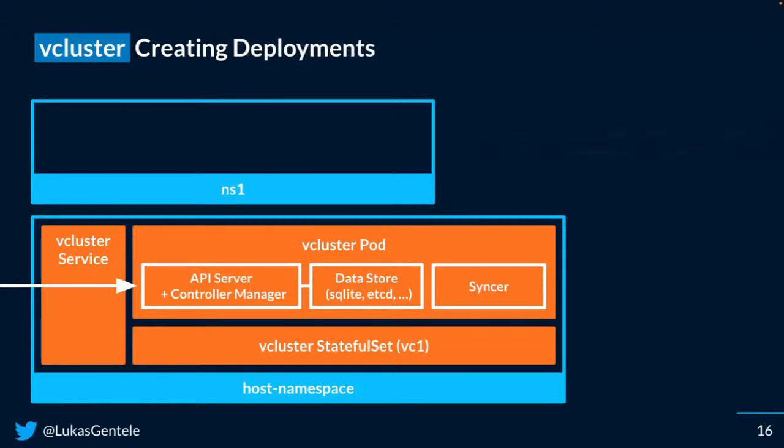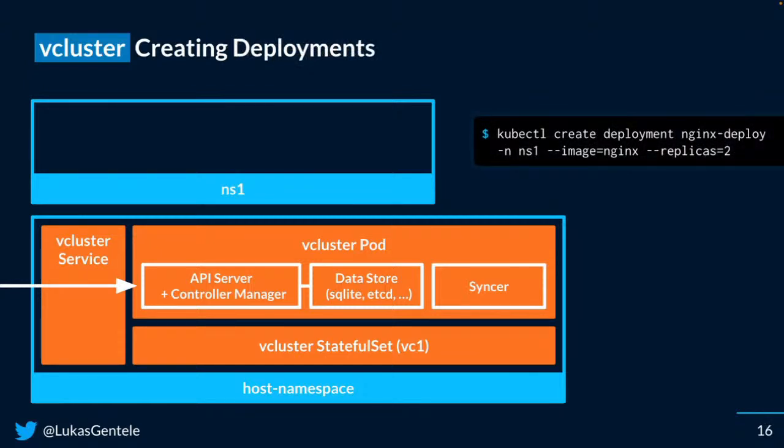And then we can go ahead and launch an Nginx deployment, for example, kubectl create deployment nginx-deploy. We're launching it to that NS1 namespace. And we can define the image as nginx and say replica number should be 2, right?